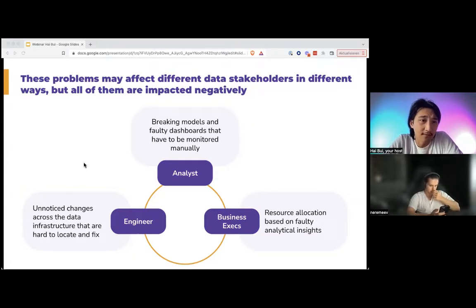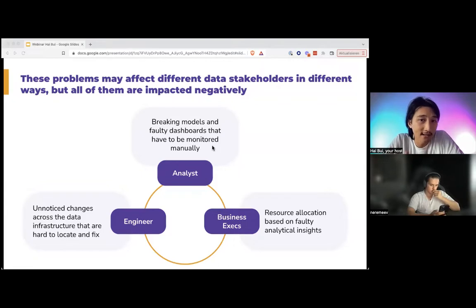As an engineer, you know that your pipeline works, so at least it doesn't throw any errors. But the data inside the pipeline, how do you know that this data is not faulty? As a data executive, how can you be sure that you're not acting on faulty analytical insights?